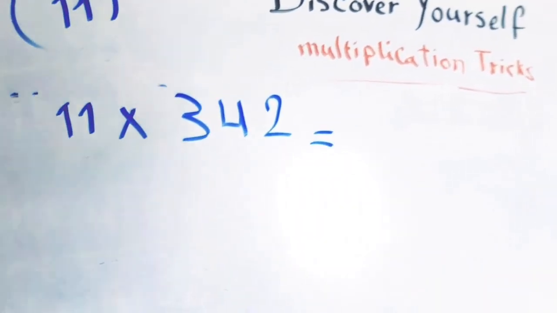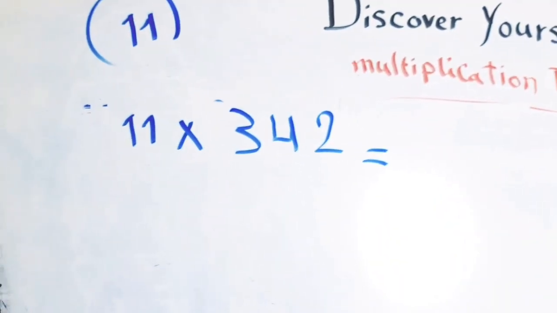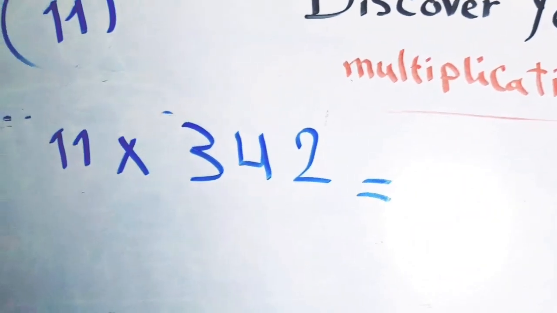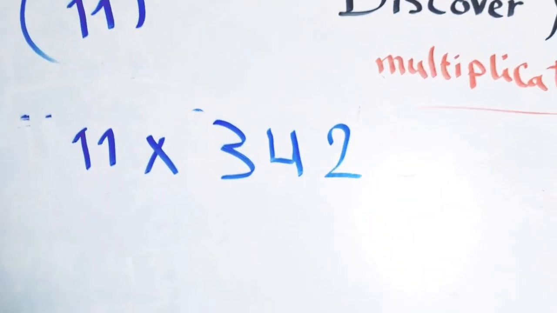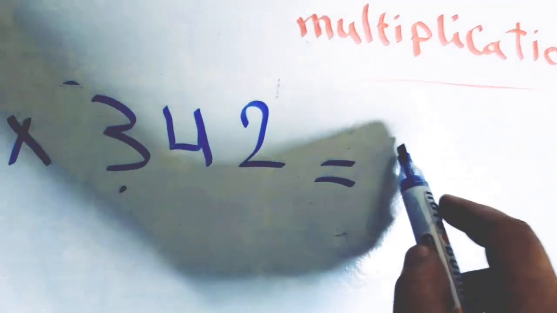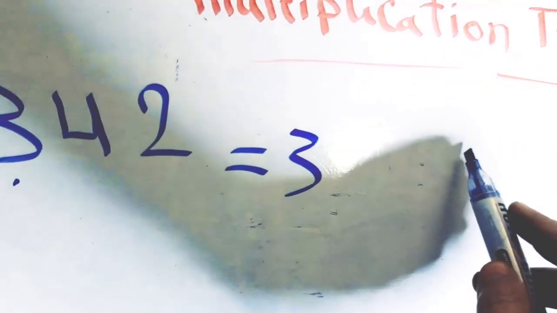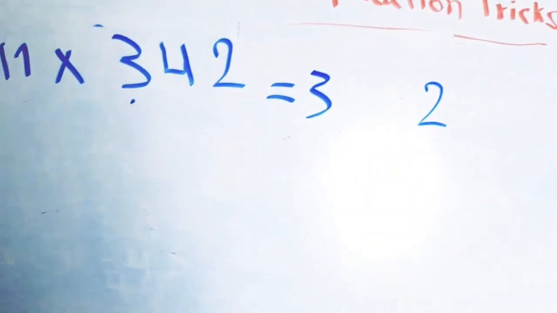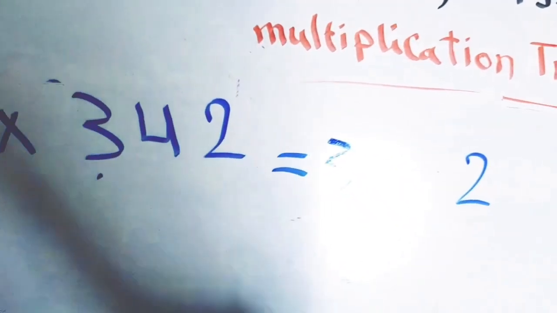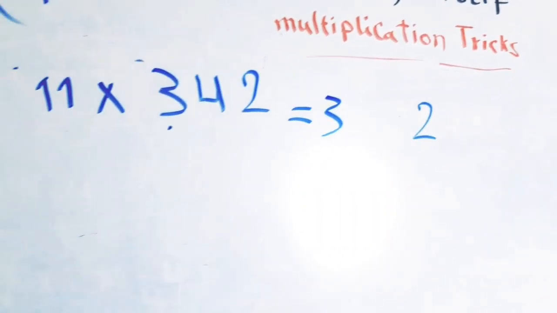We wanna reach the multiplication product in one step. Follow me. We look at the 3-digit number we are multiplying by 11 and write it in this way. We write 3, we write 2. I mean that we write the first number and the last number and leave space in the middle.